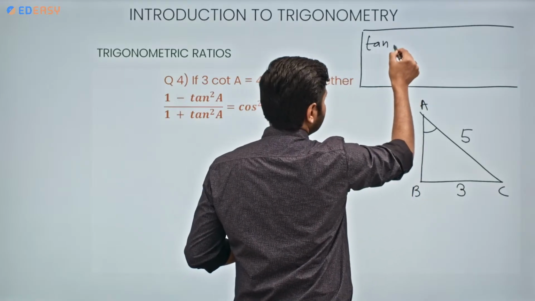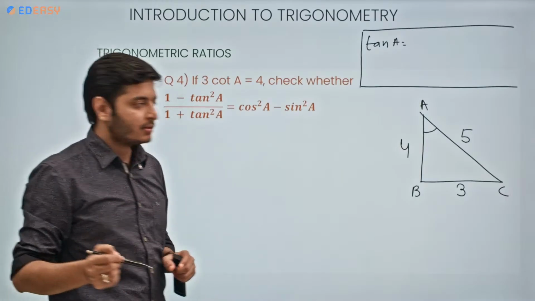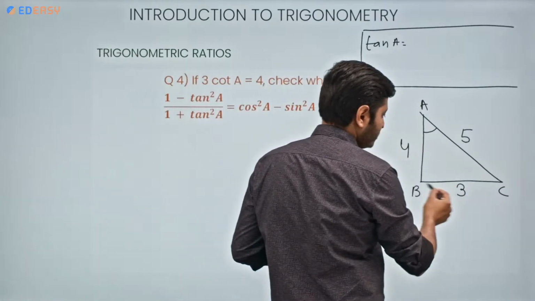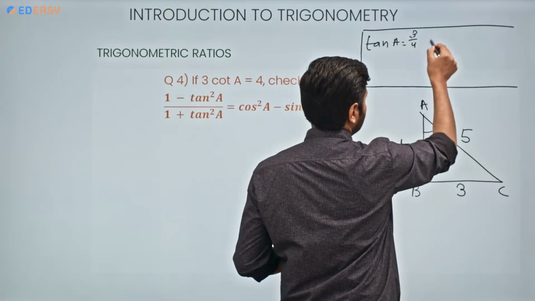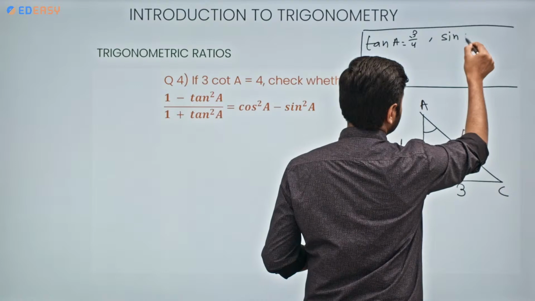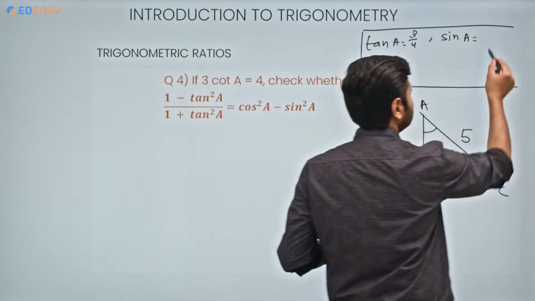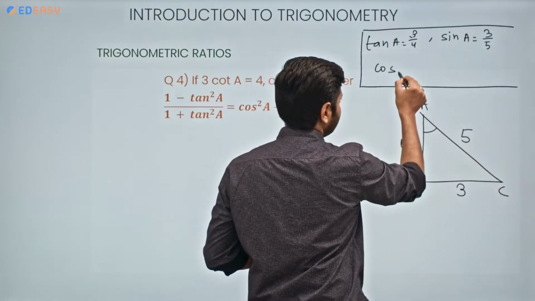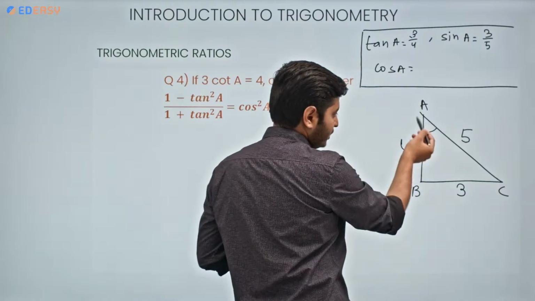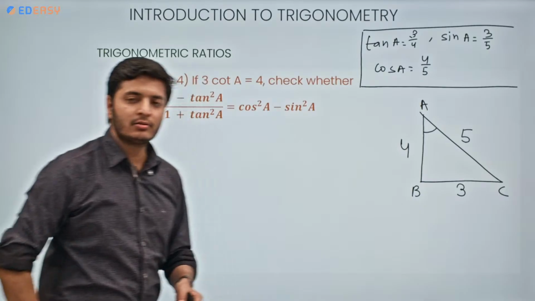So tan A is perpendicular by base, so it means 3 by 4. Sin A is perpendicular by hypotenuse, it means 3 by 5. Cos A is base by hypotenuse, it means 4 by 5. Now we know all the values, correct?